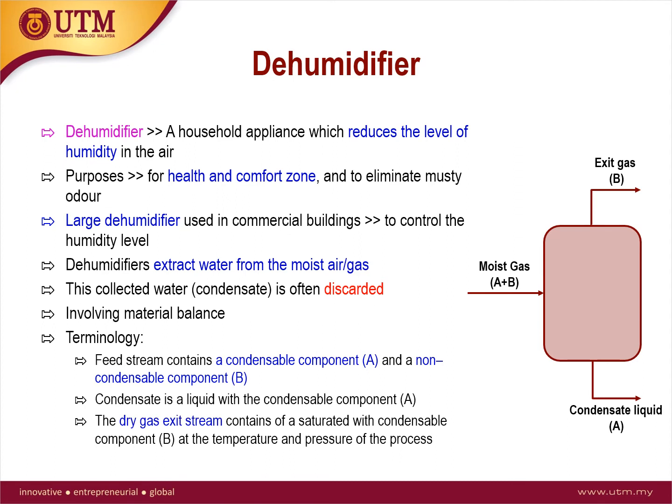The dry gas exit stream, which is the exit gas B, is saturated with condensable component A at the temperature and the pressure of the process.